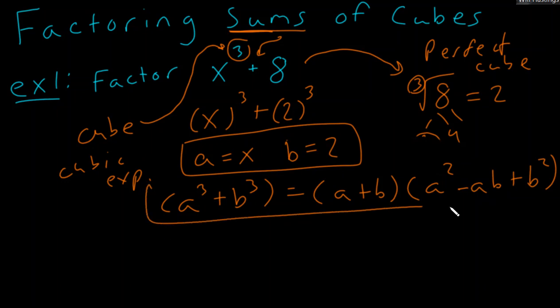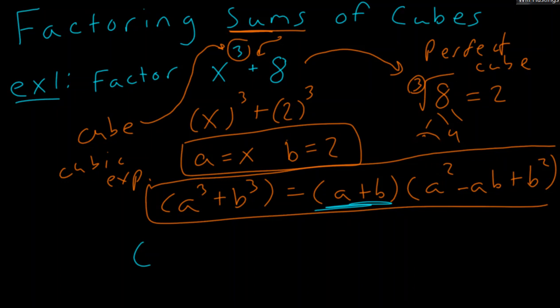So this is a handy little formula, and at first glance you're thinking, man, Mr. Hastings, that is crazy, I don't want to write that, but I promise you it's actually pretty simple. So let's see how this works. Here we have a plus b. Well, our a term is x, our b term is 2, so it's x plus 2. Here we have a squared. Our a term is x.